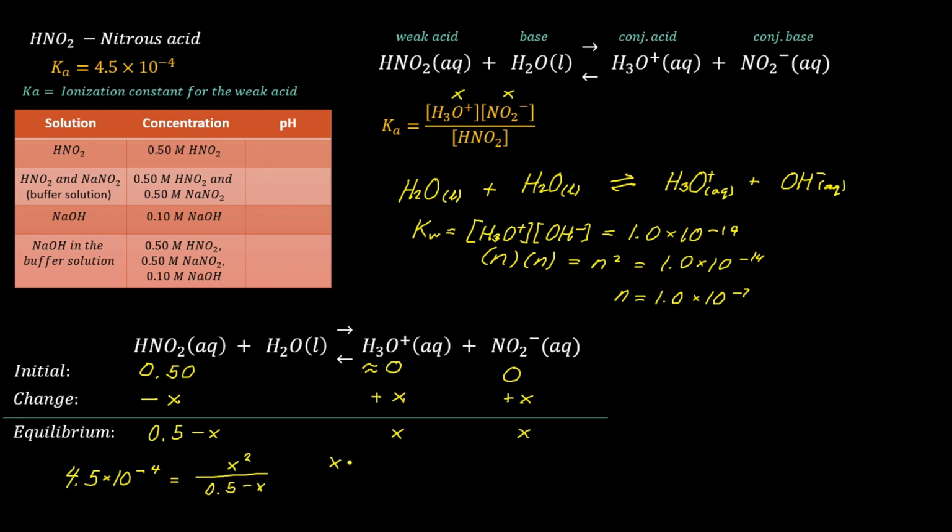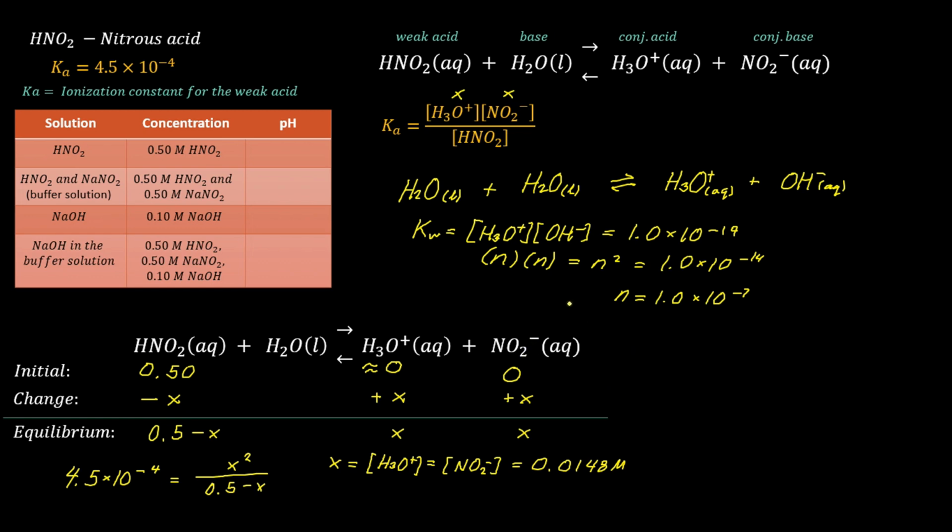Now, if you solve for x, x is going to be the concentration of hydronium ion, and also, in this case, is also going to be the concentration of the nitrite ion. And x here is equal to 0.0148 mole per liter. Right. What will be the pH?